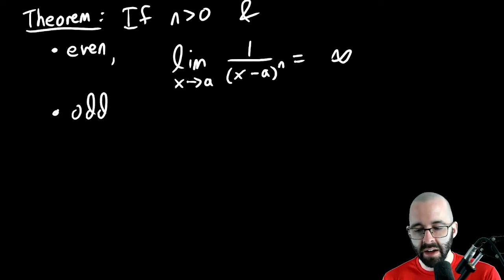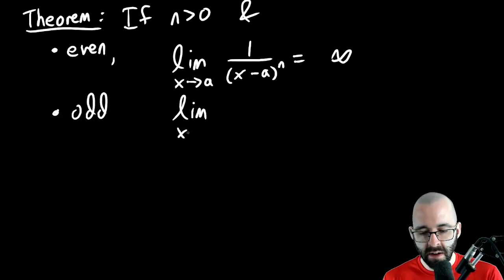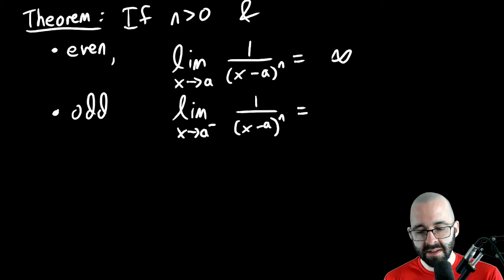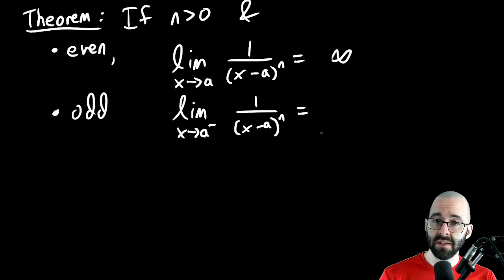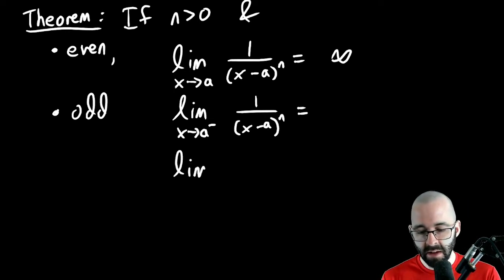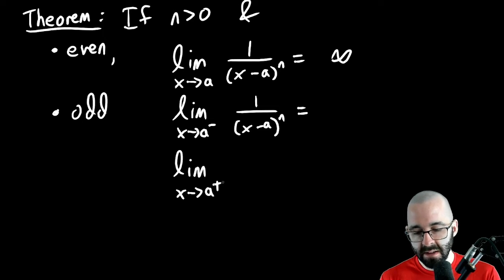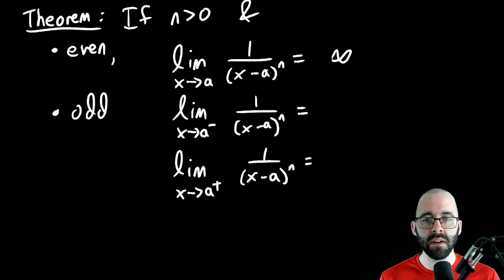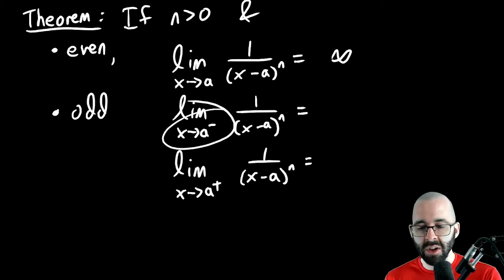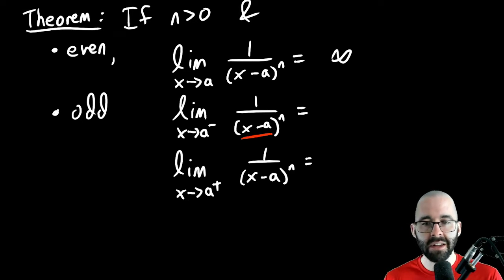But if n is odd, then we have to talk about one-sided limits. If n is odd, this same limit from the left is going to be something, and the limit from the right is also going to be something. And again, let's think about this. If x is a little to the left of a, x is smaller than a, what does this look like?